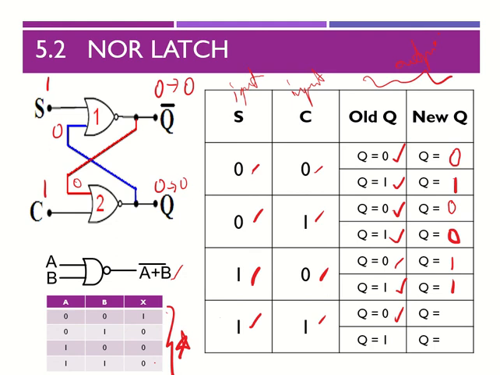So the situation over here, because since your q is equals to 0, the new q is equals to 0, and the old q bar is also equals to 0, you're going to have actually a value of invalid.